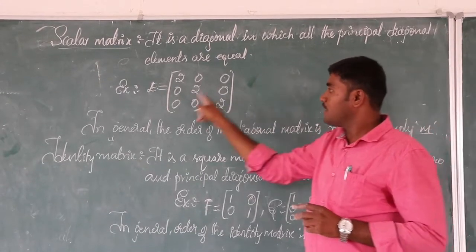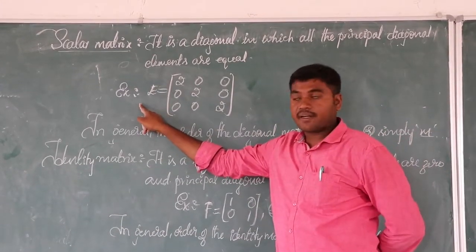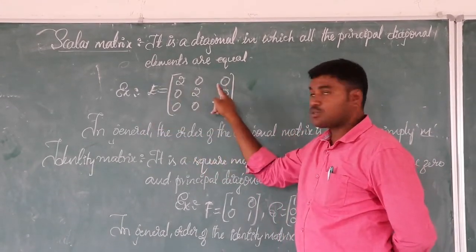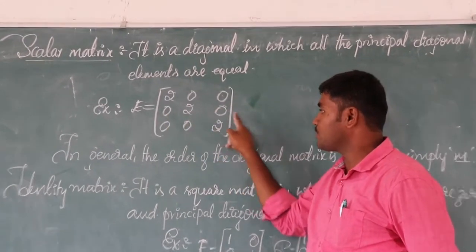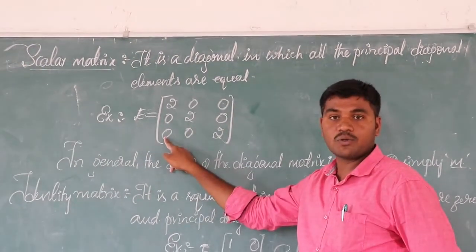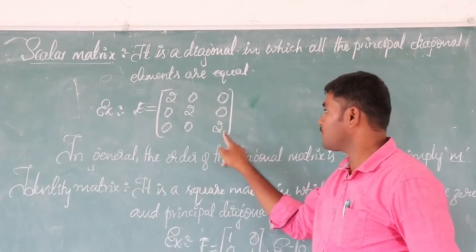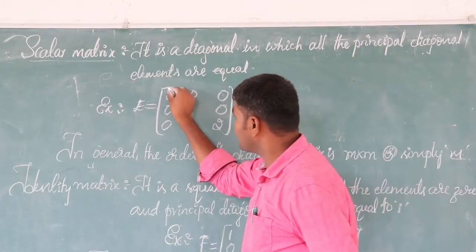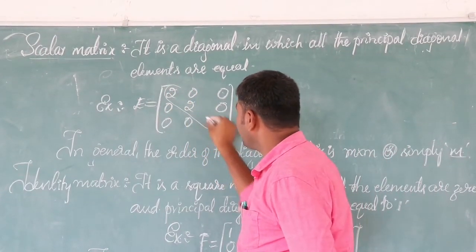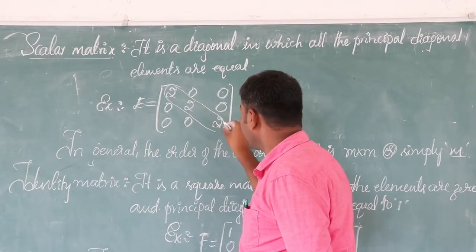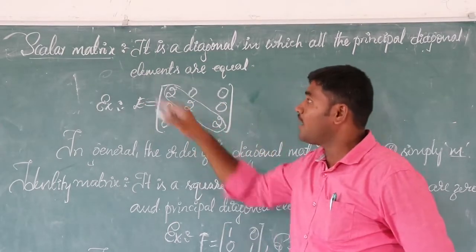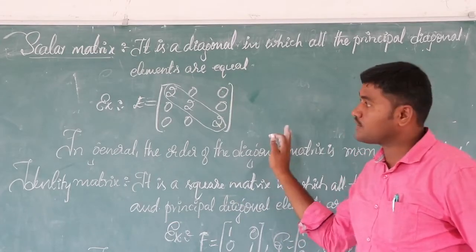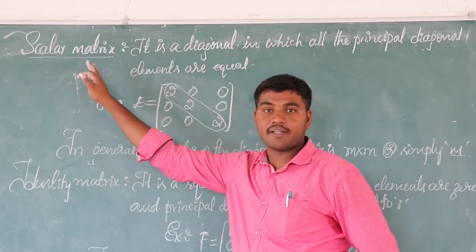For example, take A as a matrix: first row elements 2 0 0, second row 0 2 0, and third row 0 0 2. All these elements are called principal diagonal elements, and these entries are equal to each other in a scalar matrix. Matrices like this are termed scalar matrices.